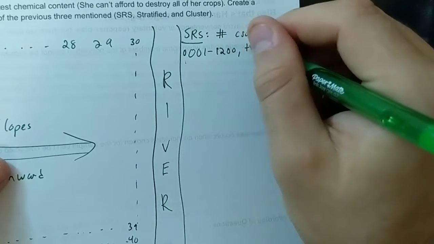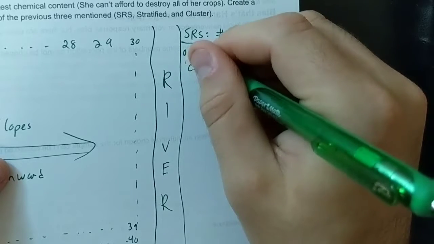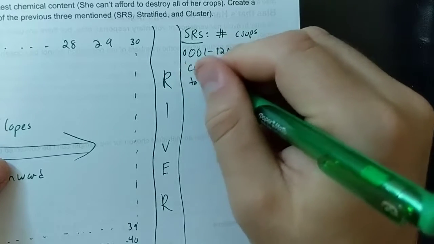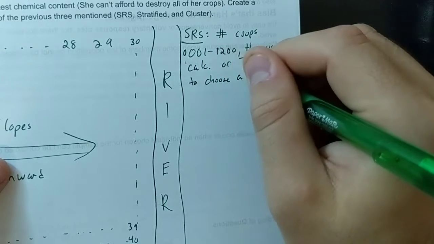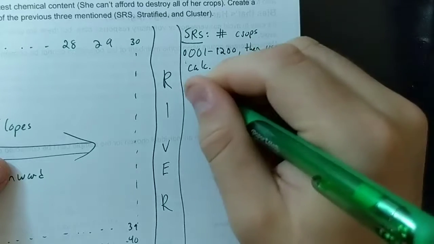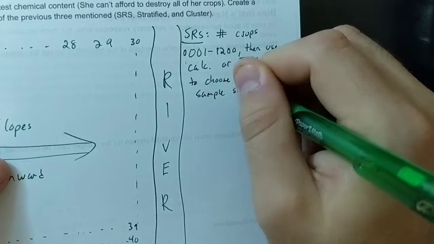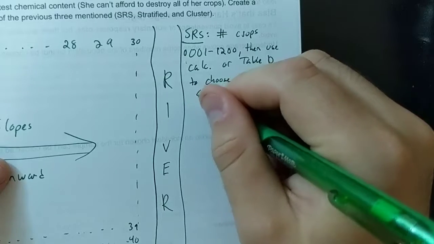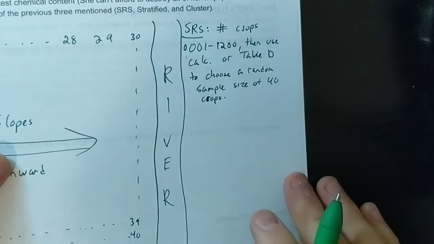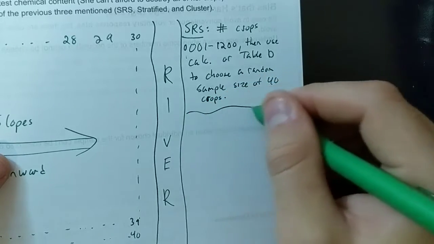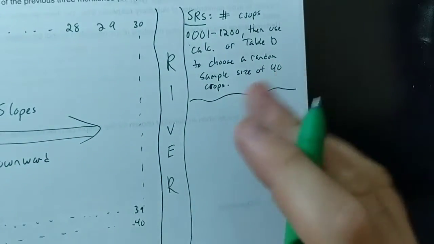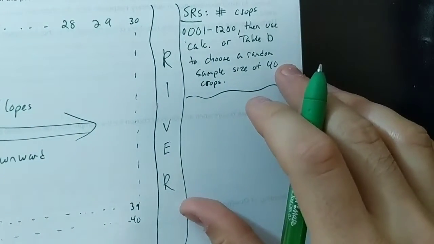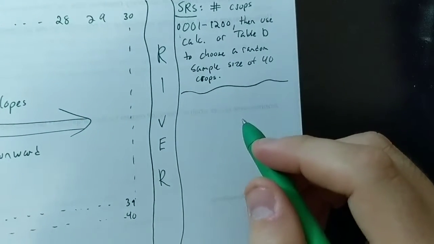Then we're going to either use the calculator or Table D to choose a random sample size of 40 crops. We just chose 40 crops. It wasn't mentioned in the problem how large she wants the sample to be, but since she has 1,200, 40 crops is not a high percentage of the overall total.